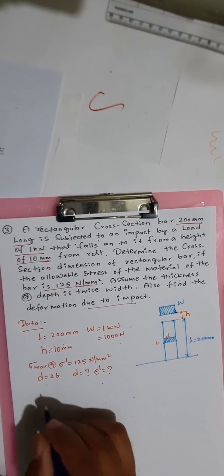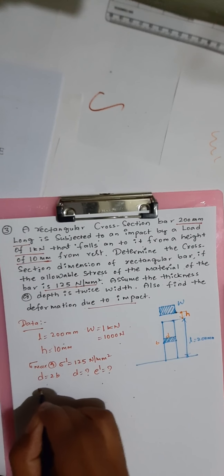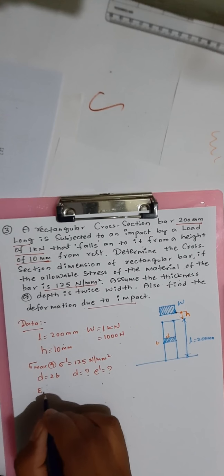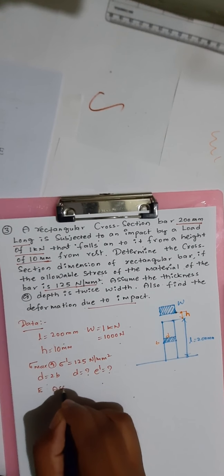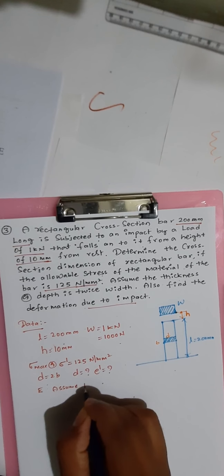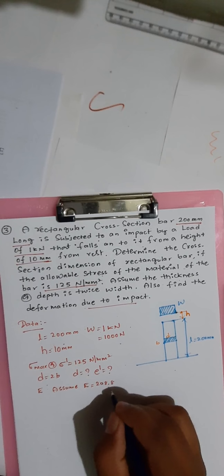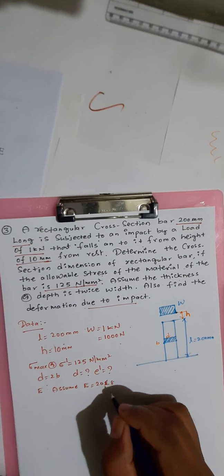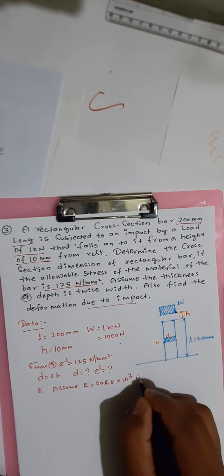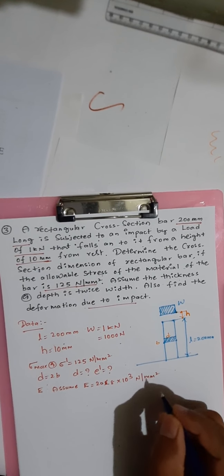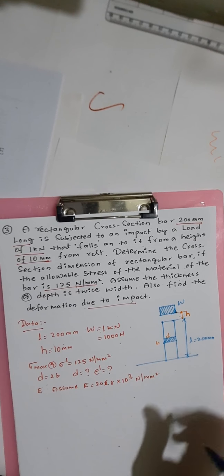Next, if the value of E is not given, we need to assume E is equal to 206.8 into 10 to the power 3 Newton per mm square. Here, the bar is subjected to longitudinal impact.